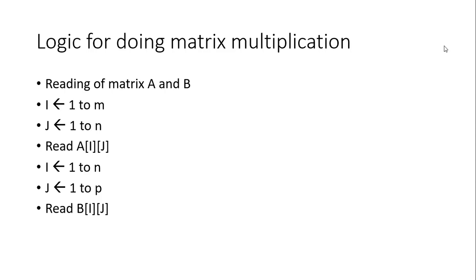So first we have to introduce the logic for reading the selected input matrices A and B. As a matrix, we know well it contains rows and columns. Within programming, the row elements and column elements are pointed out by using two indices.